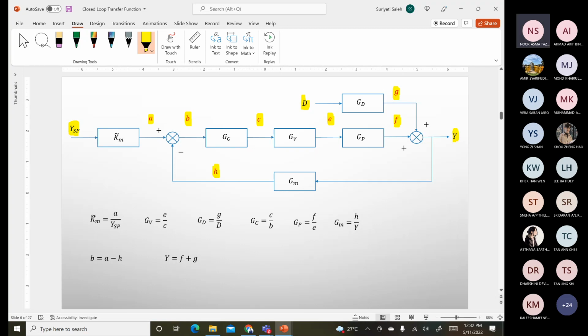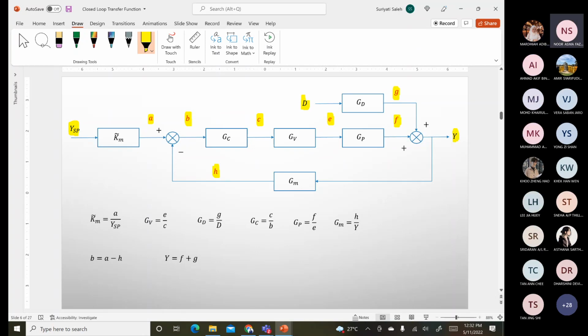So by having the labeling, I can set up the relationship between input and output. I start from left to right. Here I start with KM, where you have the input YSP and the output A. So this means KM equals A over YSP.